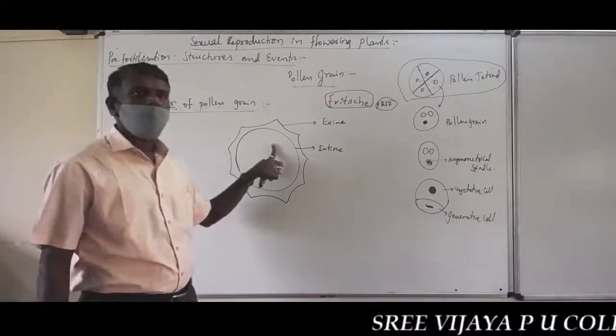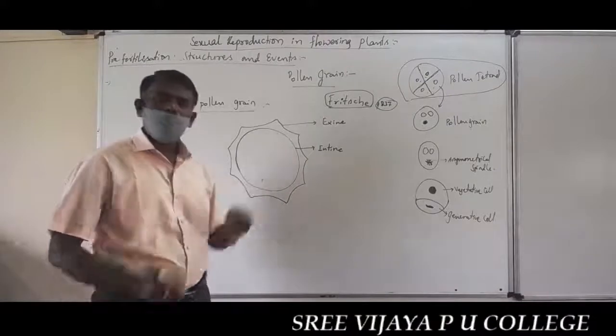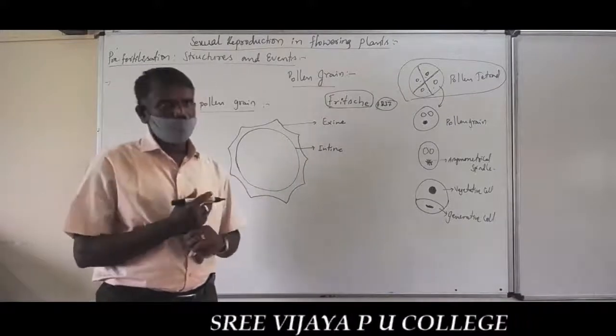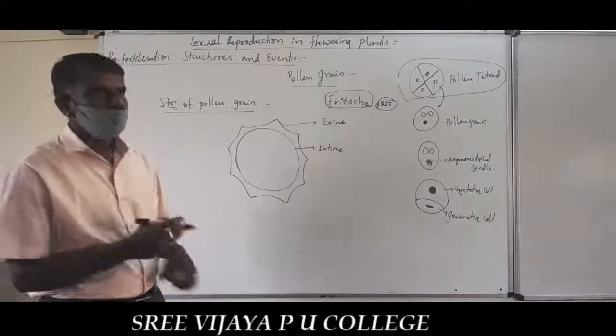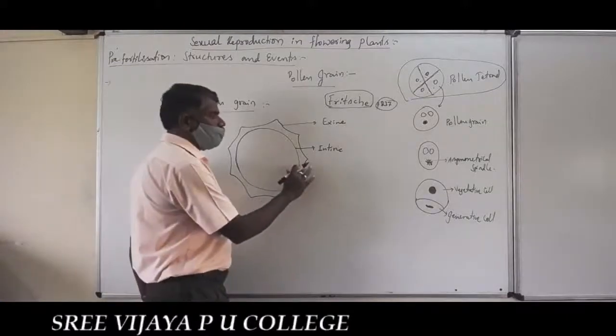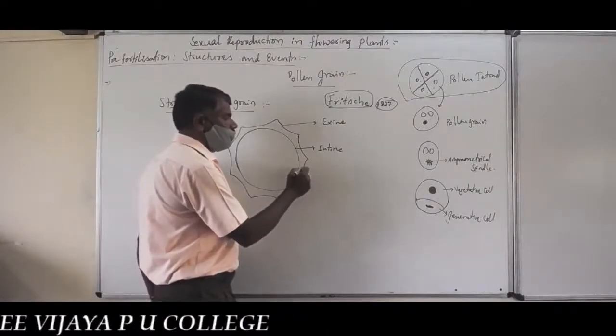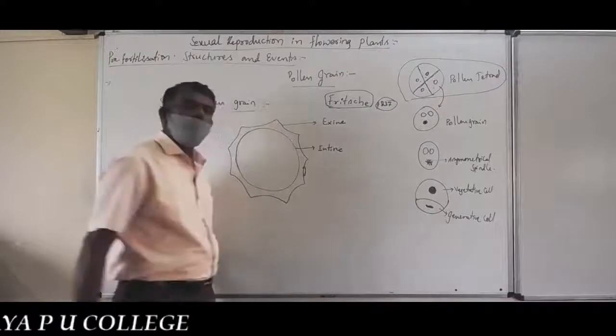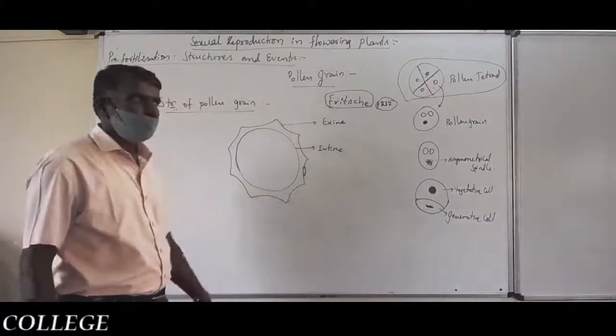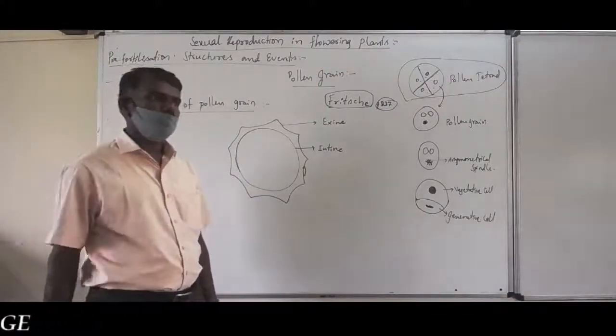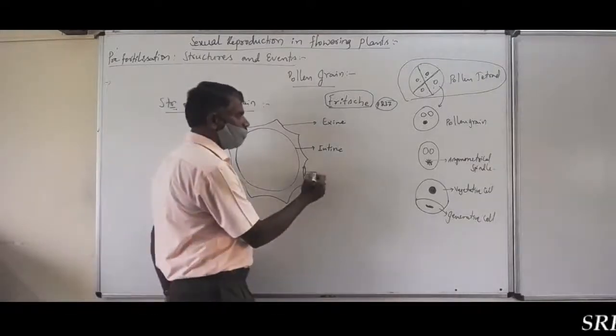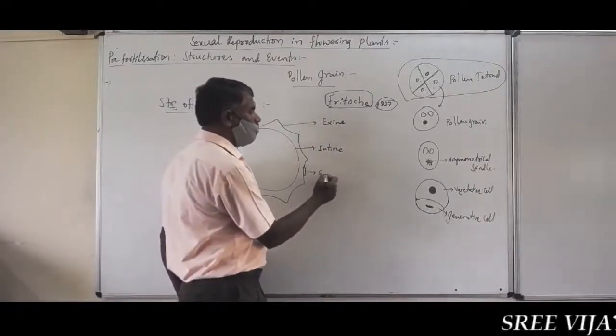The outer exine is a discontinuous layer. It is not continuous because the outer exine consists of numerous pores, which are called germ pores.